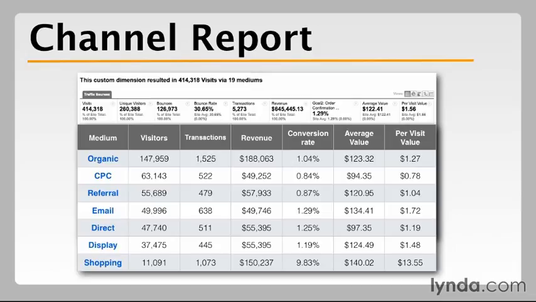And when I compare that to the efforts and the cost of search engine optimization, it's one of my most profitable channels. I can see that pay-per-click marketing, again, provides a significant number of visitors and a good amount of revenue compared to other things.